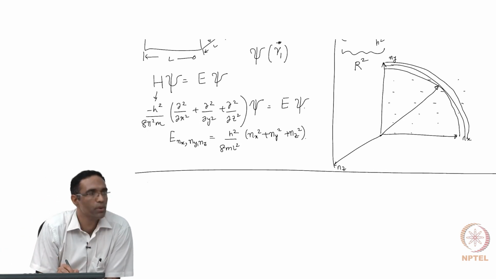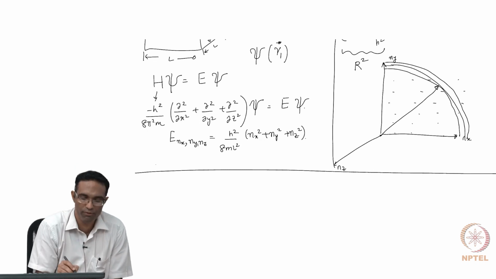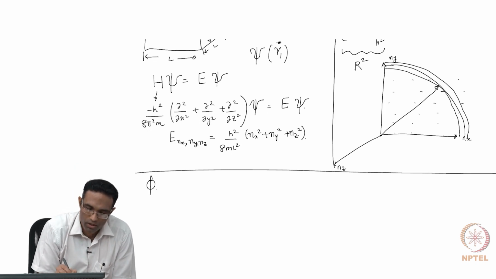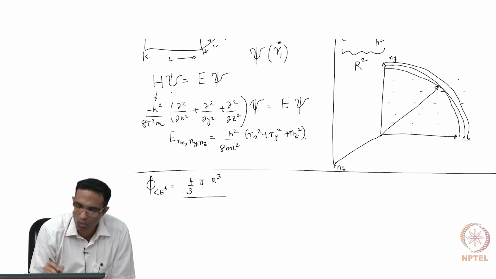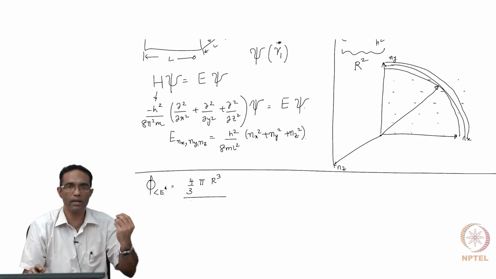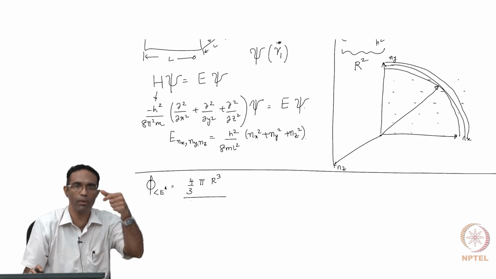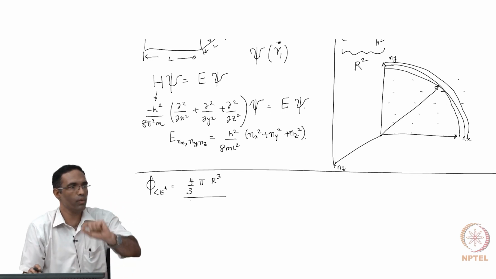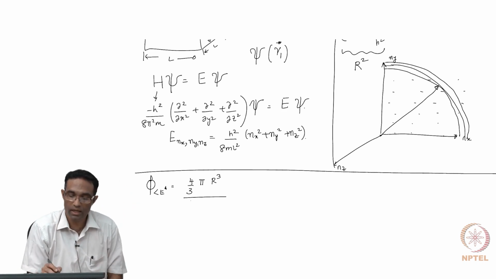So this is basically going to introduce this quantity phi, which we called phi less than E star, equal to 4 by 3 pi r cubed divided by the volume of one unit in the nx, ny, nz space, which happens to be 1 by 1 by 1, because these nx, ny, nz values are all separated by integer numbers.